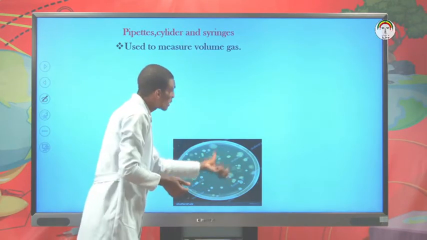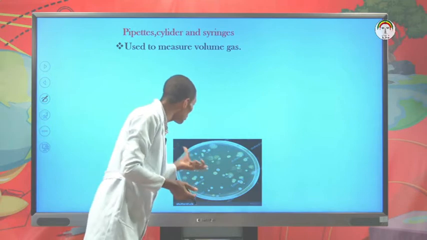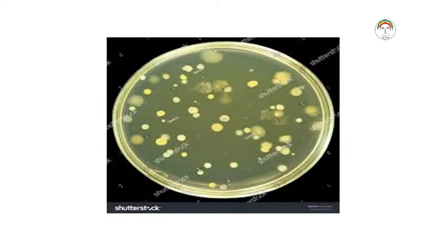And the most important tool that biologists use is the Petri dish. Student, do you know what the advantage of the Petri dish is for biologists in the laboratory?